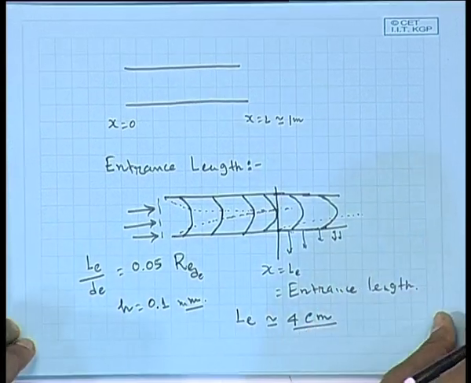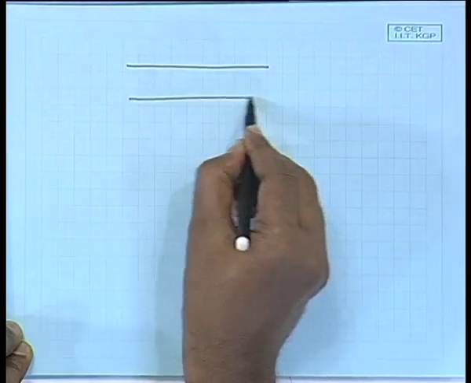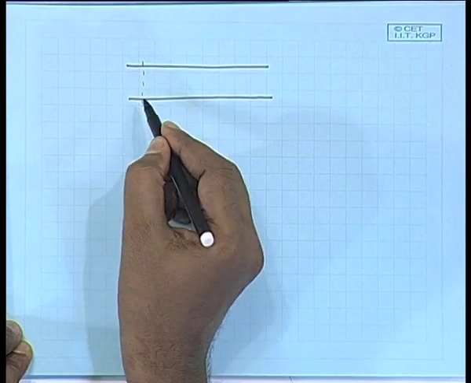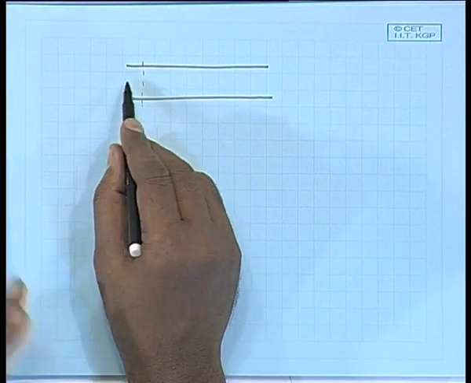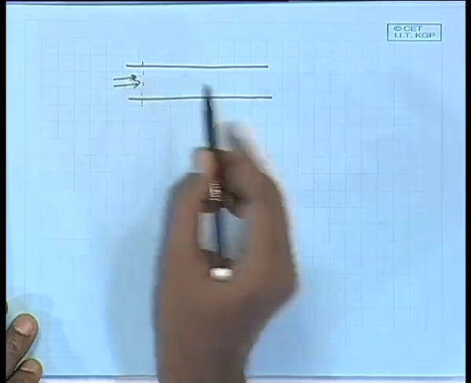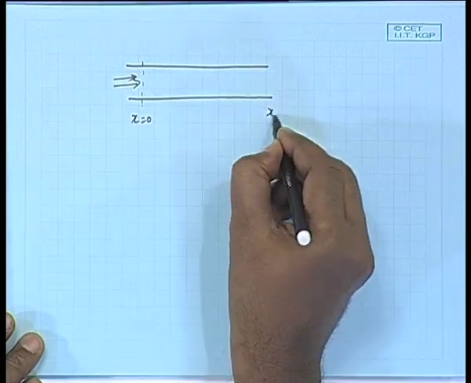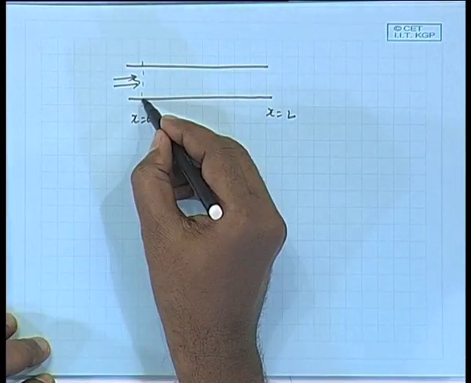So, in this problem we cover the initial 5 or 6 centimeter of the membrane surface and allow the feed solution to come into it, and let us put our axis here, x equal to 0 to x equal to L, that will be in the order of 1 meter or several meters maybe.